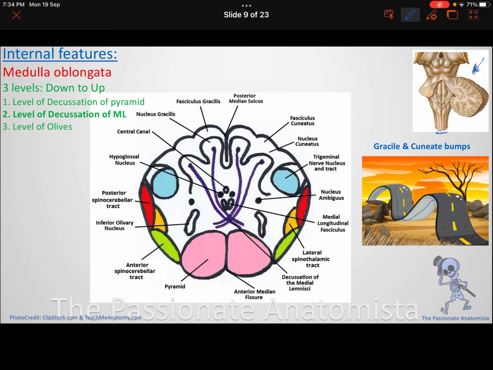These are bumps. So you have very prominent bumps at that level, guys, which are your tubercles. Why do I have tubercles? Because I have the cell bodies of the decussating fibers of the fasciculus gracilis and cuneatus. The group of cell bodies are forming the nuclei. If this is my fasciculus gracilis and cuneatus, down here, this is the tubercle up. It's made by the collection of the second order neurons, guys.